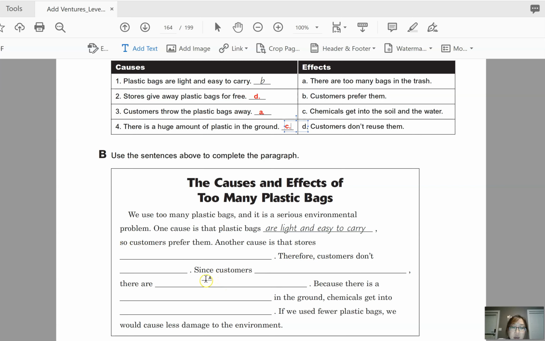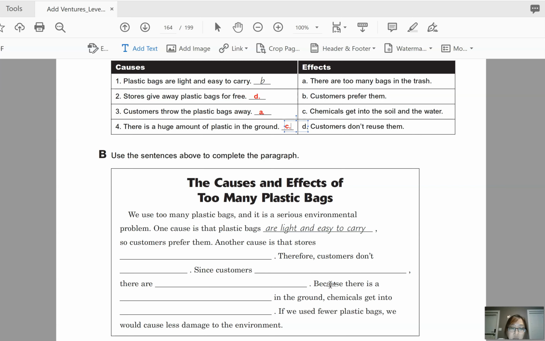And then since customers throw the plastic bags away, there are too many bags in the trash. We're using the connector since here, which also has the same meaning as because.